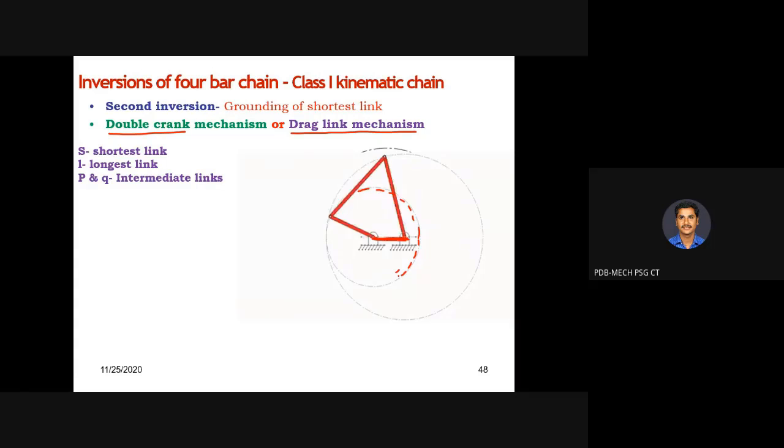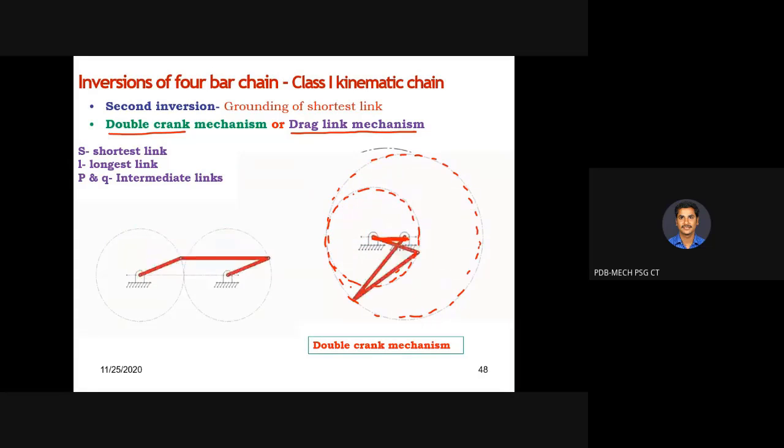This is the path traced by one link, and this larger circle is going to be the path traced by the other link. So in a four-bar mechanism, if you fix the shortest link, you will definitely get a double crank mechanism.